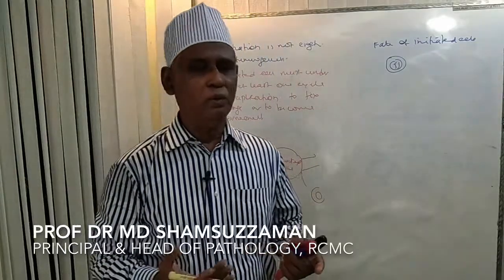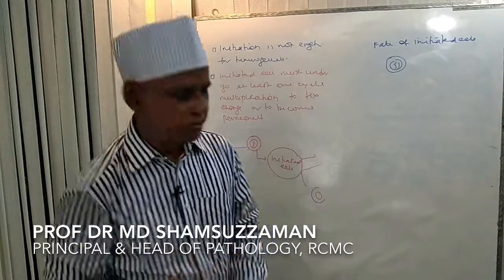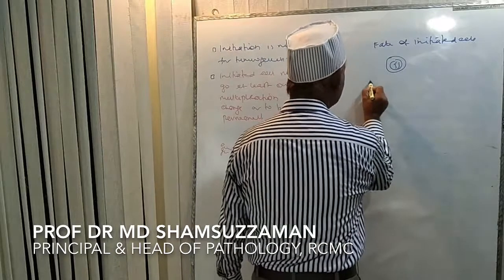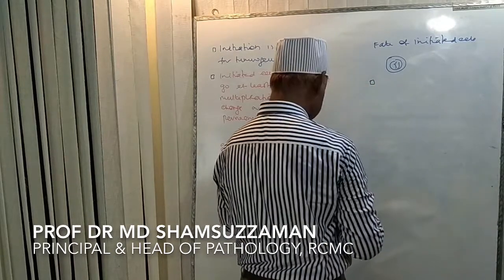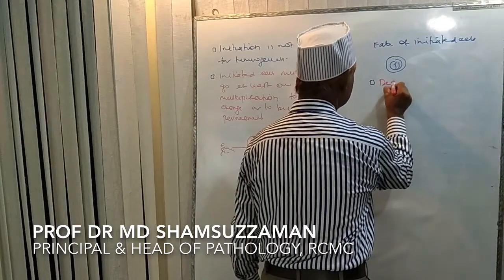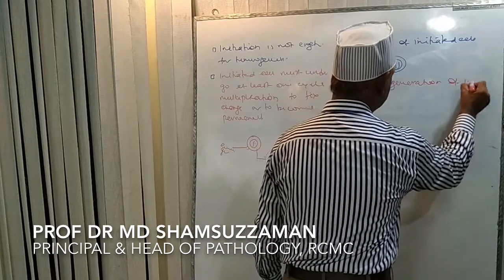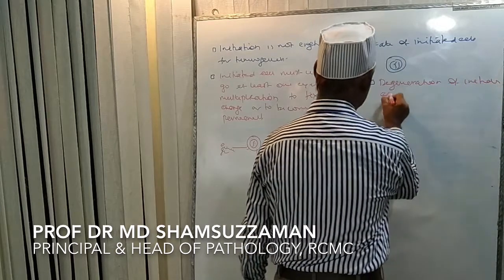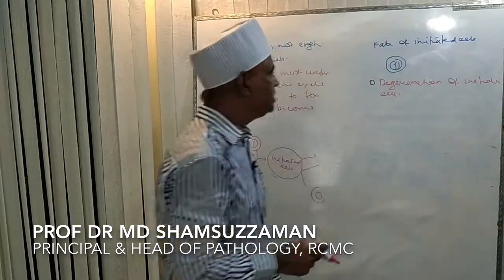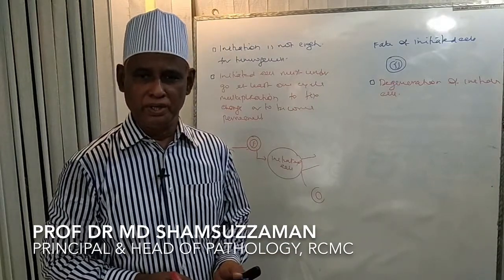And you know unwanted cell is eliminated from our body by the process of apoptosis. So, the important fate of initiated cell is degeneration. That is, the cell is eliminated by the process of apoptosis as it is unwanted cell.